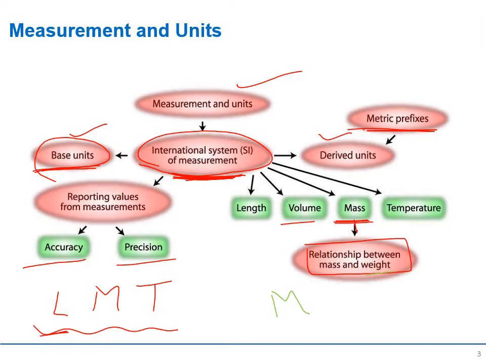But when I say weight, it means m times g. Whenever you multiply the mass of an object with the gravity of the earth, that becomes a force, which is weight: the force with which the earth attracts all objects towards it. That's the difference between mass and weight.